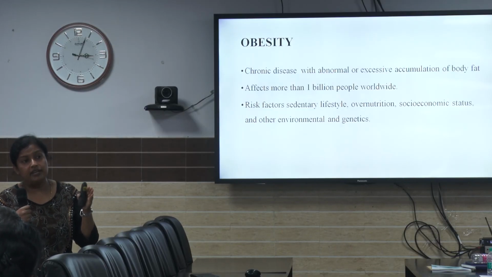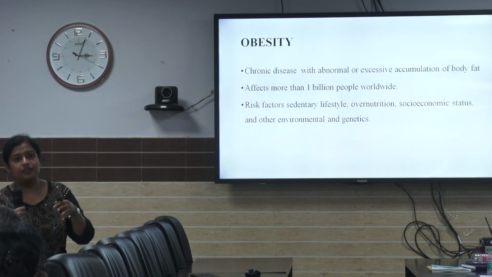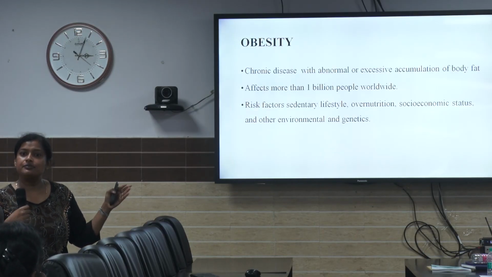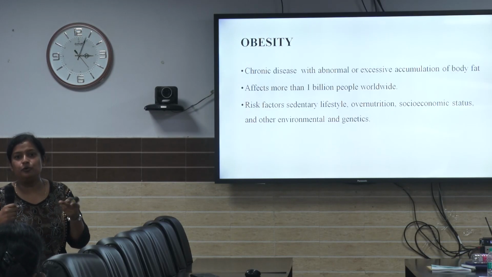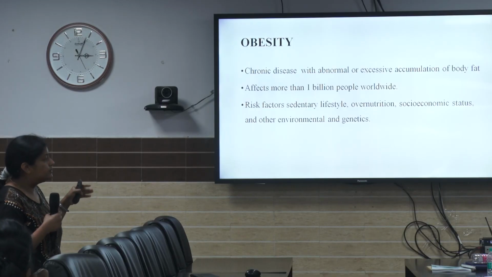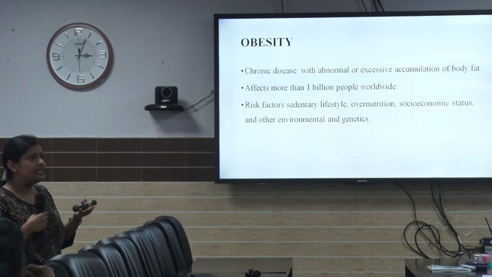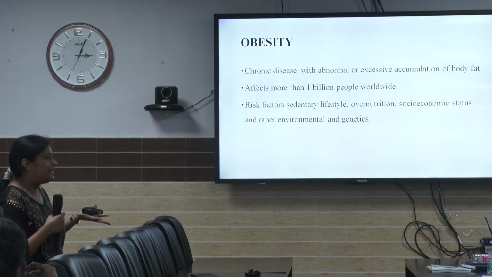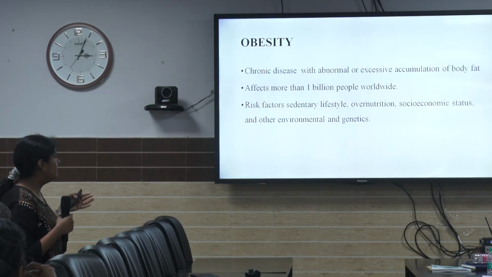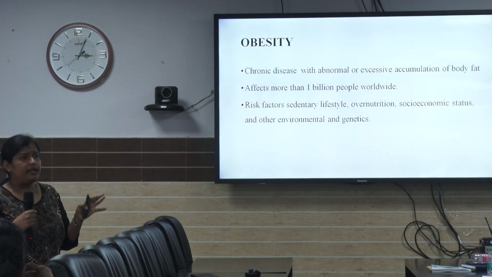The amount of labor they were doing in the fields without the help of equipment made them do exercises, so they did not need to find time to do an exercise. So obesity has become a pandemic now. And why has it become a pandemic? Because of overnutrition, easy access to food at odd timings, and the sedentary lifestyle. So that is one reason, and environment and genetics also play a part.